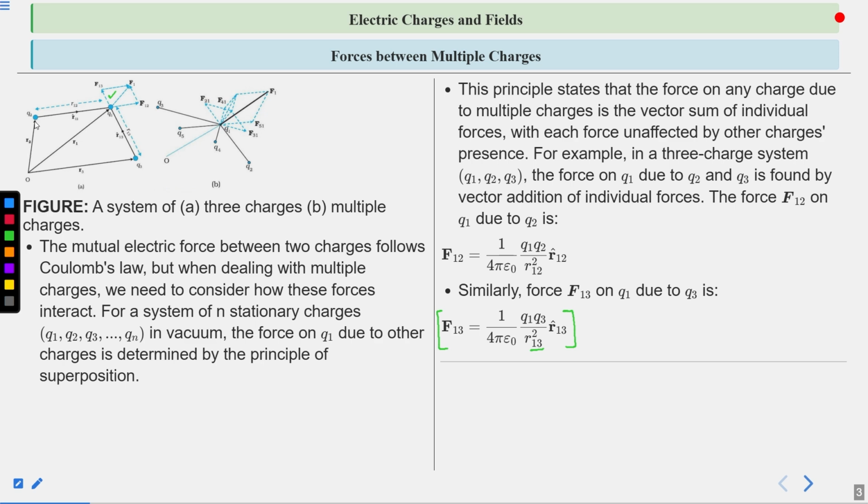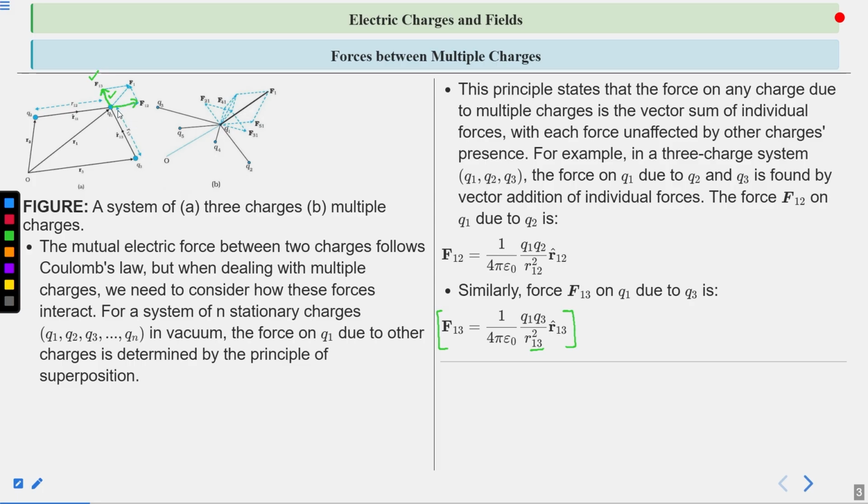If Q1 and Q2 are both positive charges, meaning like charges, the direction is away, to the right side. And the force on charge Q1 due to charge Q3 is F13, and the direction is away, because Q1 and Q3 are positive, so the direction is outward. This is the direction of force 13, and this is the direction of force 12.